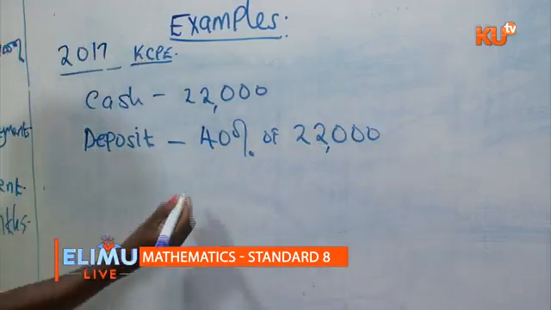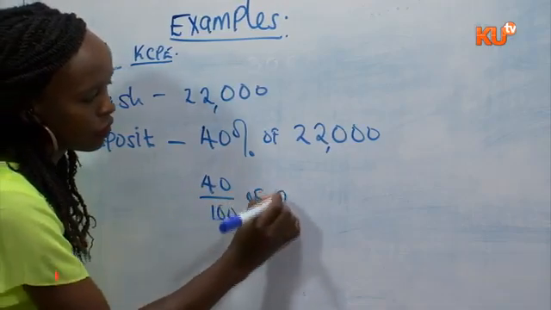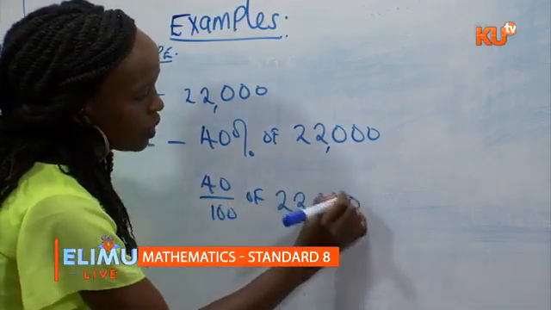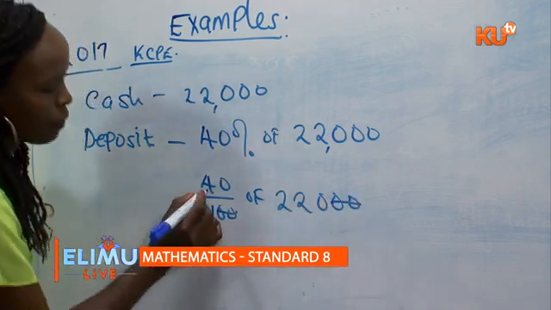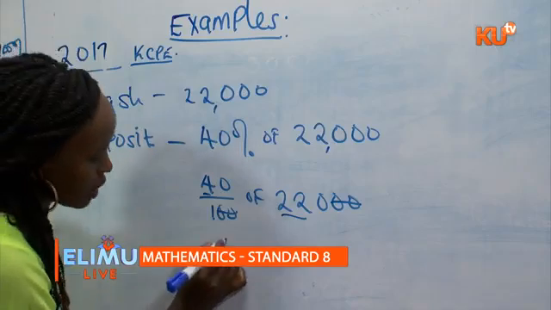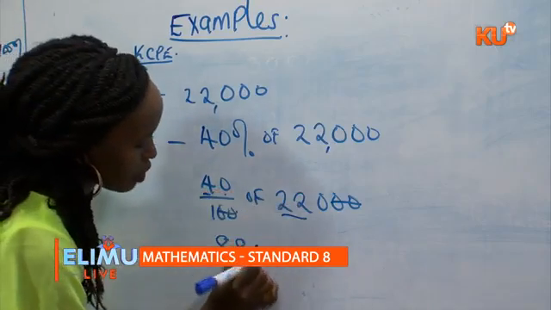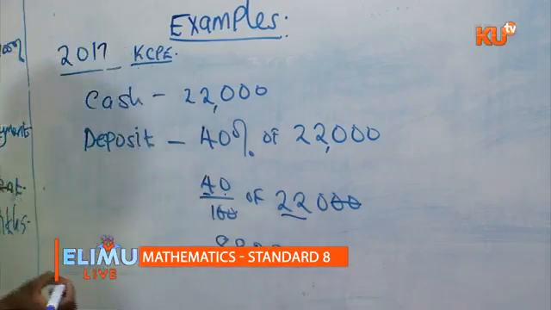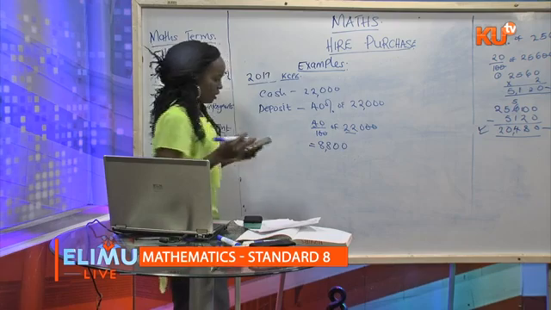So you first of all get the deposit. 40 out of 100 of 22,000. We multiply here. 4 times 22, we get 88. We agreed we're in class 8, powers of 10. So we get 8,800. 8,800 now, that was the deposit.